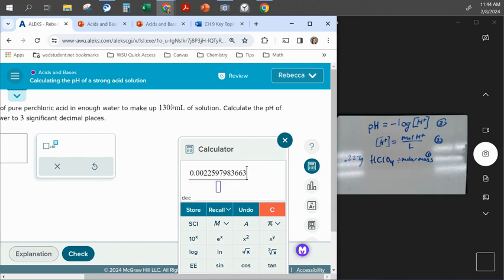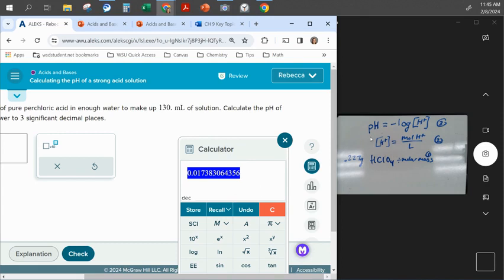This is my volume. I'm going to convert it first to liters, divide by 1,000. So 0.130 liters. So I'm doing this step. I'm taking my moles of the acid I found, divided by the 0.130.